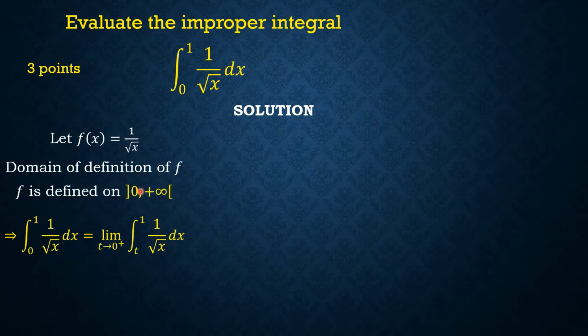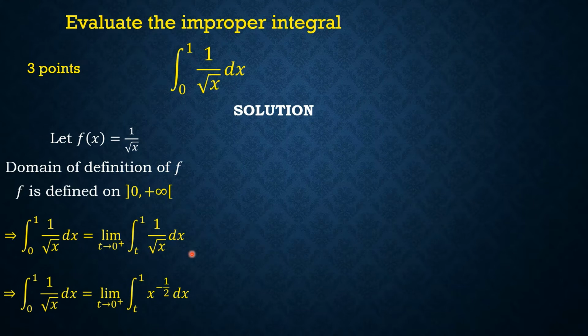But remember, we are in the interval 0 to positive infinity, so the limit will be specifically 0 from above and not 0 from below, because in this interval, if I am going to 0, I am definitely greater than 0. So I take the limit as my parameter t tends to 0 from above of the integral from t to 1 of 1 over the square root of x dx, replacing the 0 with t.